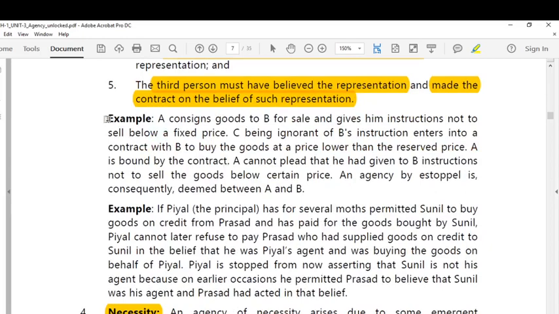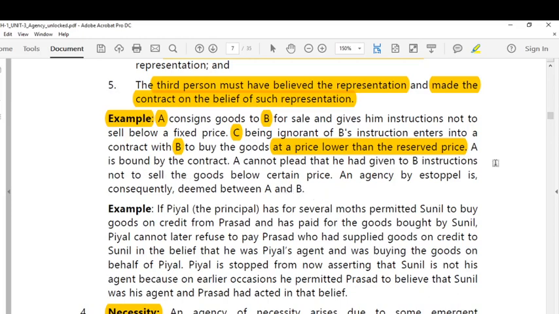You see an example so that you can understand agency by estoppel. A consigns goods to B for sale and gives him instructions not to sell below a fixed price. C, being ignorant of B's instructions, enters into a contract with B to buy the goods at a price lower than the reserved price.